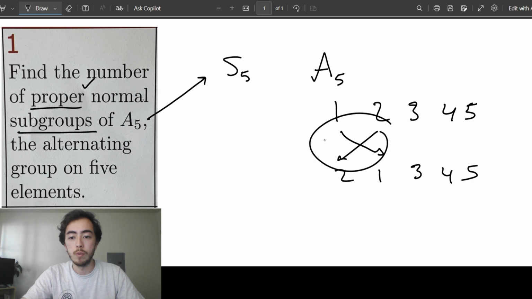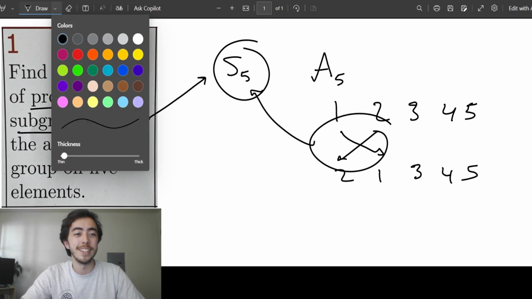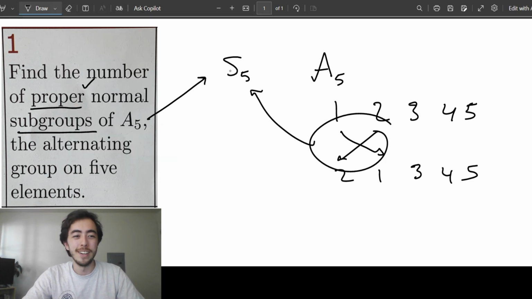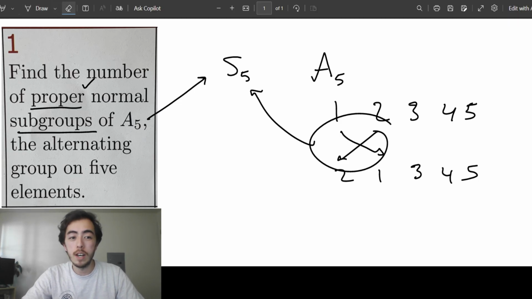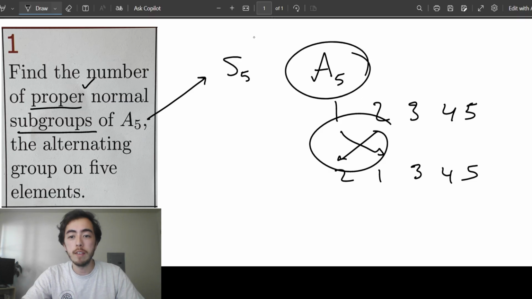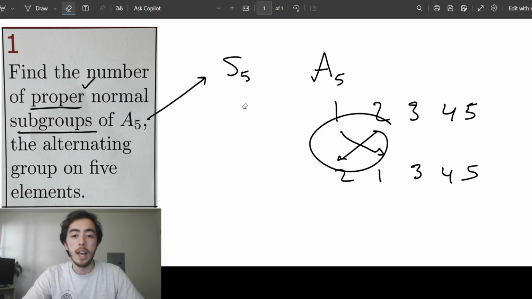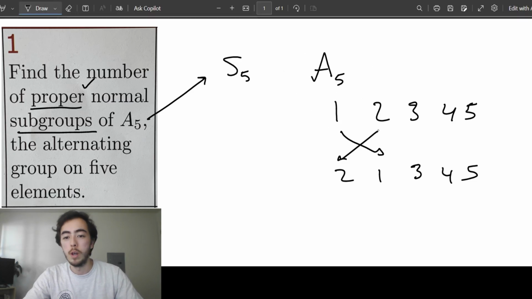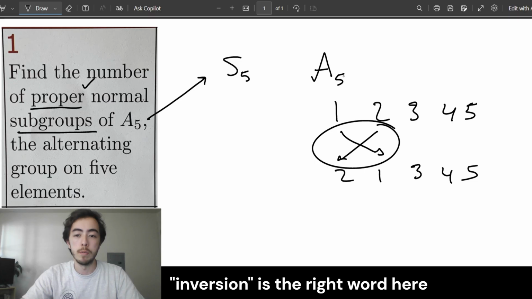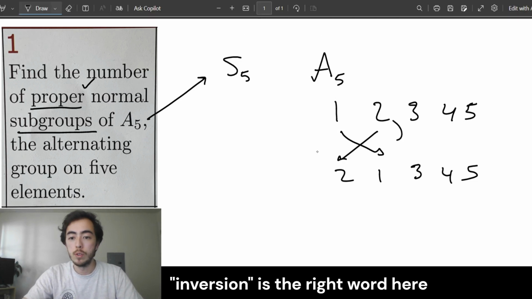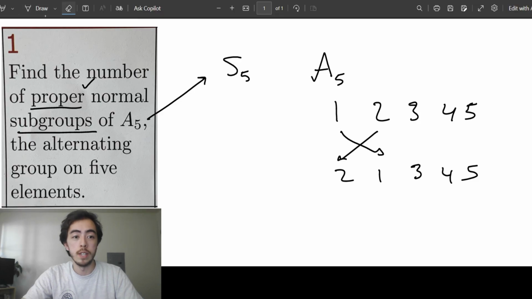And so this swap is an element of the symmetric group with 5 guys right here. But this is actually not going to be an element of A5, my alternating group. A5 has a specific rule where I need an even number of these single pair swaps to be allowed to be a part of this group. So this switch isn't an element in A5.